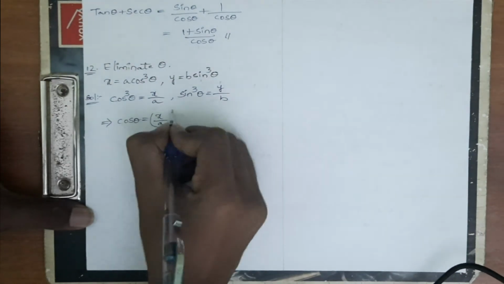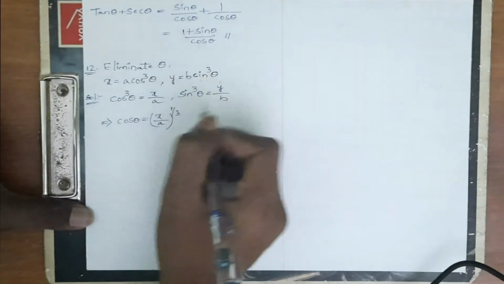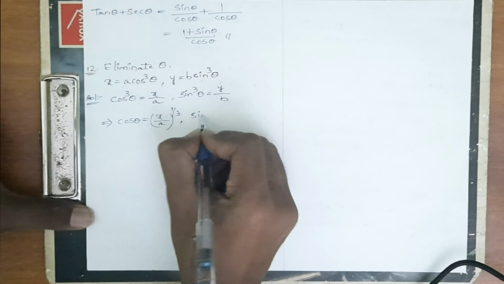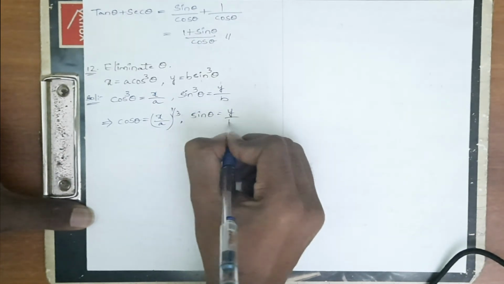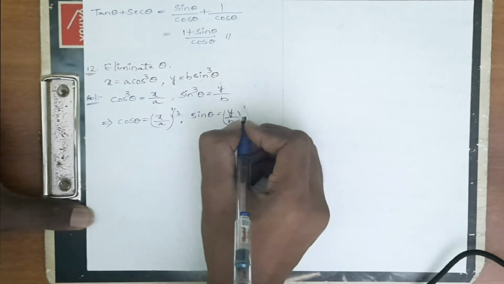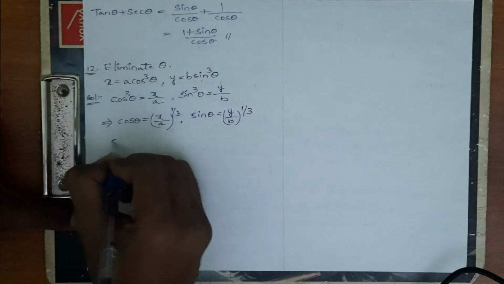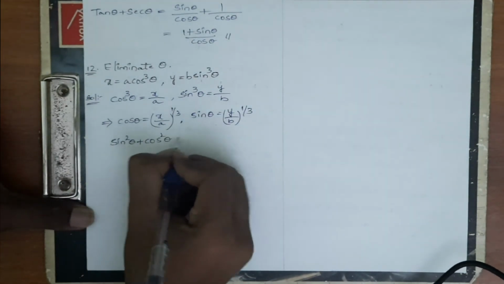So what does cos theta become? X by a whole power 1 by 3. We are shifting this power onto the right hand side and it becomes 1 by 3. And sin theta also, y by b whole power 1 by 3. So we have sin square theta plus cos square theta equal to 1.